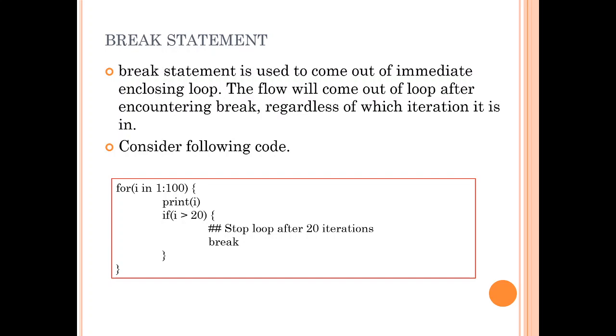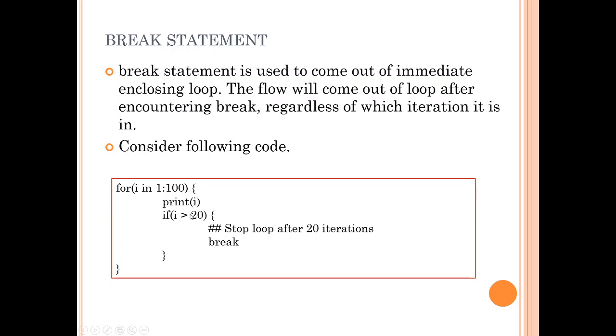So now only the first 20 values from 1 to 20 will be displayed, because once this if condition is true, and you come inside the break statement, it will take you directly out of the for statement.